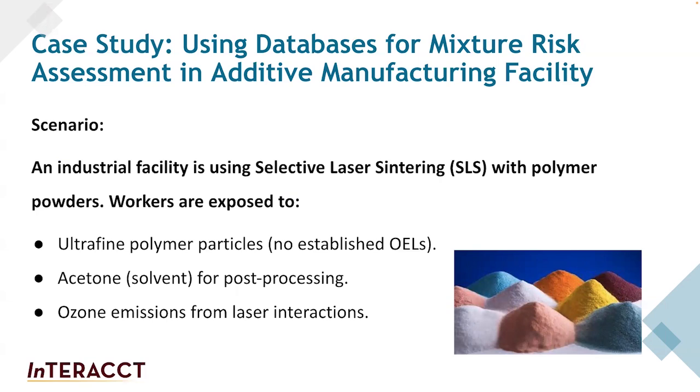Second, acetone, a solvent used for post-processing tasks. And third, ozone emissions that result from laser interactions during the printing process. This combination of exposures makes it a suitable example for applying mixture risk assessment principles, especially when exposure limits may be missing for some materials.